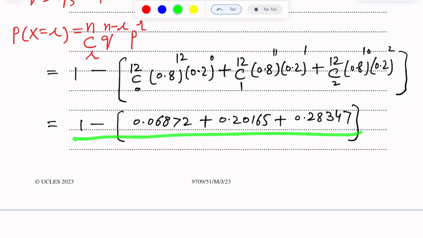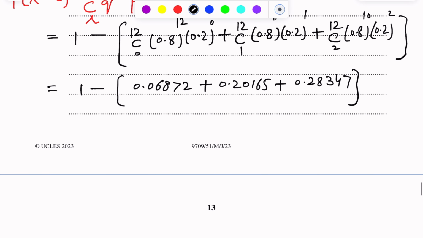Finally, we get the answer 0.442, correct to three significant figures.